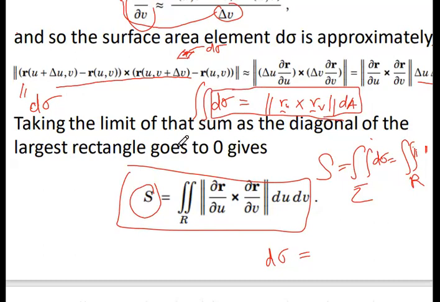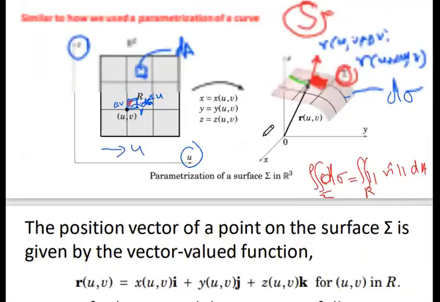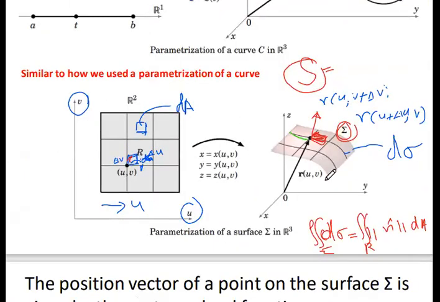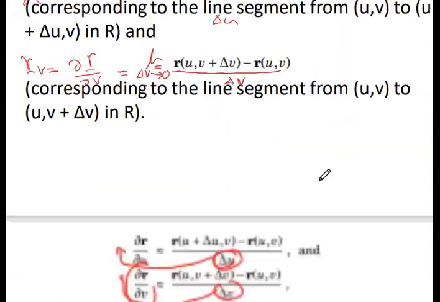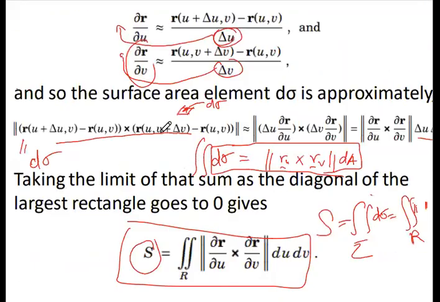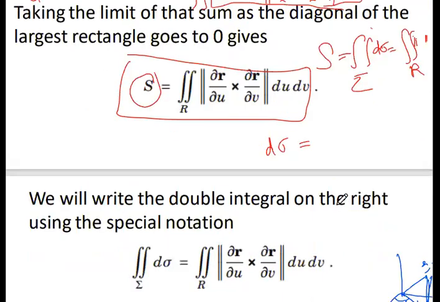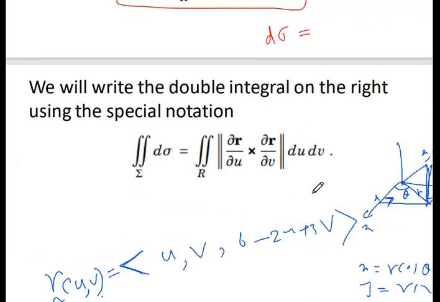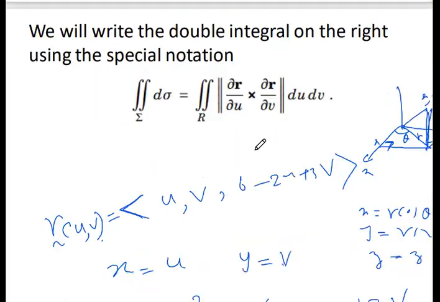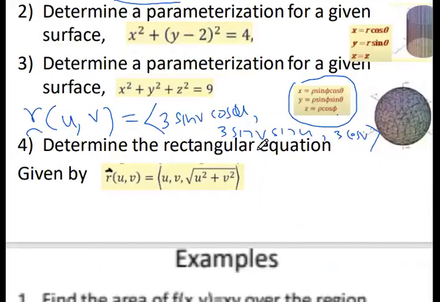This is over the surface sigma, and this is over the region. Then you get the surface integral of the entire surface area. Got it? Makes sense. I think you have to solve a couple of questions first, then it becomes very easy.